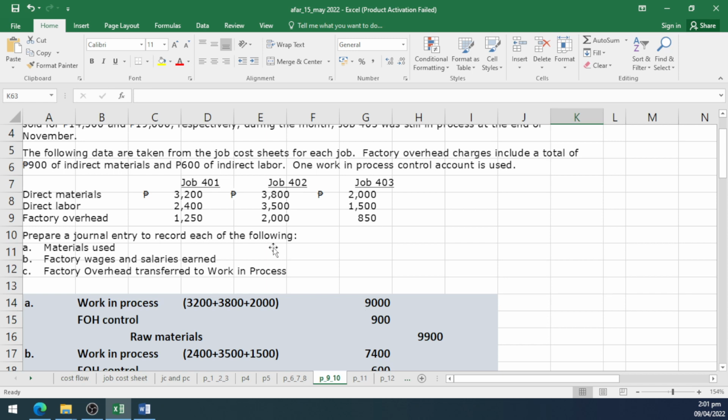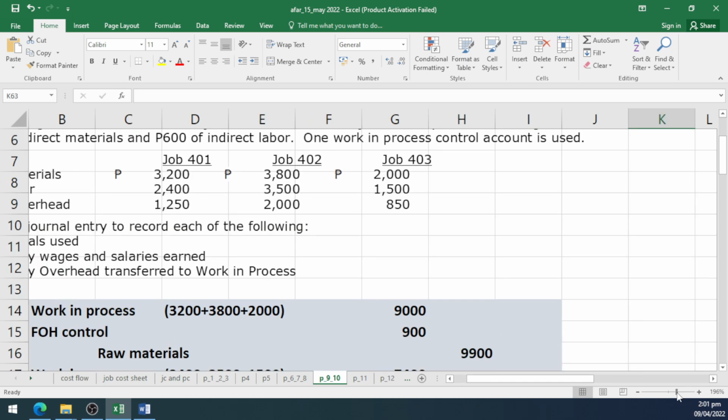Kumbaga, kanina, nung nag-record tayo, general recording natin sa entry to record issuance of material, debit work in process for the direct material, of course, and then credit raw materials. Yun ang GL entry. Pero, yung nakadebit na work in process, may posting tayo dun sa job cost sheet kung para kanino. Yun lang naman ang nangyayari dito eh.